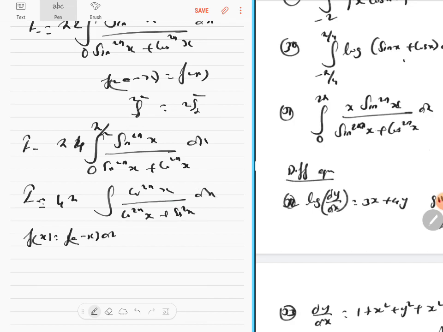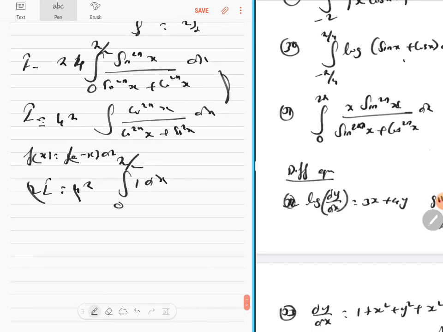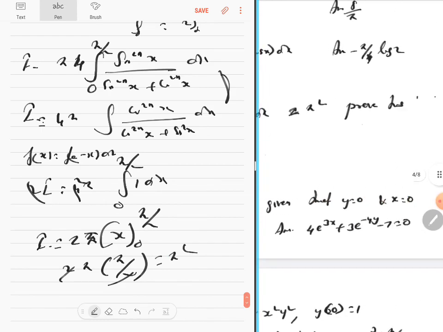So the denominator remains the same, so you can add these two up. So 2I is equal to 4 pi into integration of 1 dx from 0 to pi by 2. So this and this get cancelled. I is equal to 2 pi into x from 0 to pi by 2, and 2 pi into pi by 2 will become just pi square, and that is the answer.